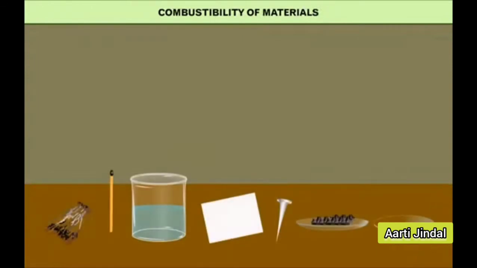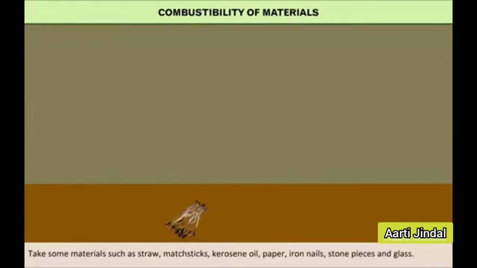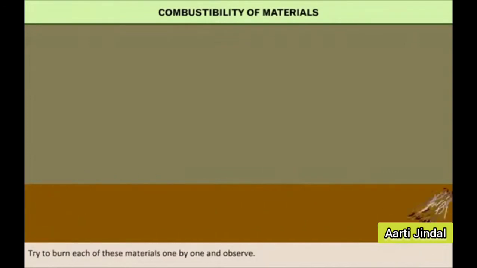Combustion. Let us do an activity to demonstrate the combustibility and non-combustibility of materials. Take some materials such as straw, matchsticks, kerosene oil, paper, iron nails, stone pieces and glass. Try to burn each of these materials one by one and observe.